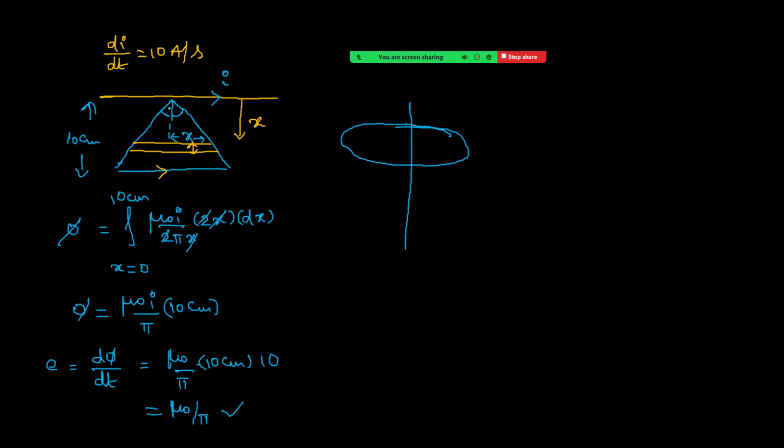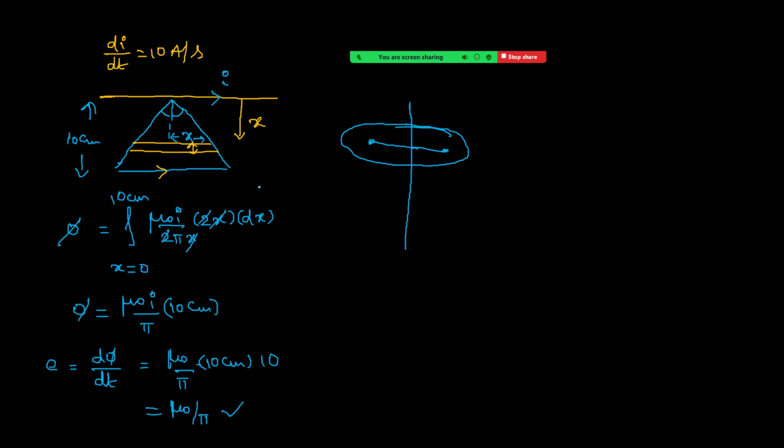Now this loop is rotating about this axis within that cylinder. You can see there is no change in the flux through this loop, because the field at this location or at this location will be the same. Because of that symmetry, there is no change in the flux. That's why no additional EMF is induced.